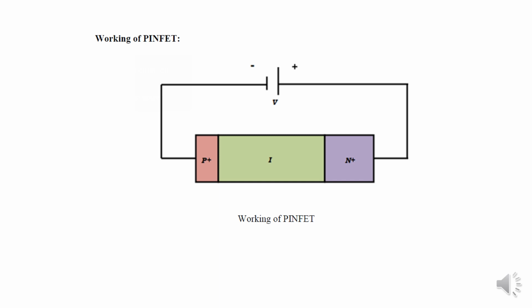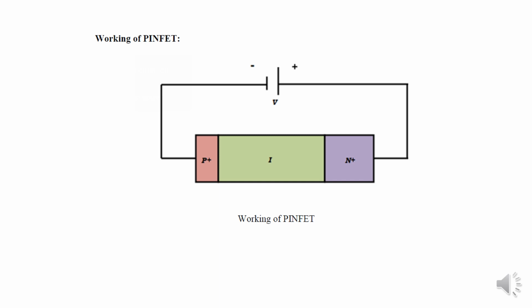The intrinsic layer is highly resistive, and it increases the width of the depletion region. In a normal diode, only voltage is used to form the current, but in the PINFET, both voltage and light are used to form the current.